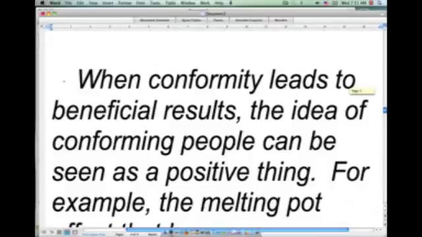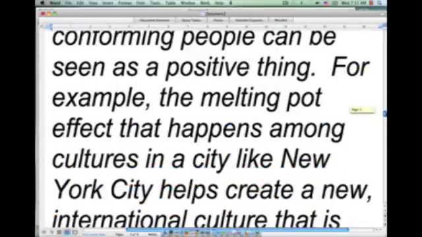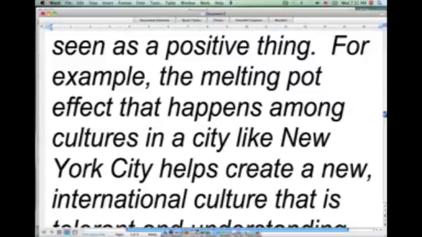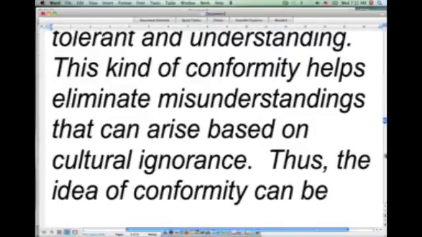When conformity leads to beneficial results, the idea of conforming people can be seen as a positive thing. For example, the melting pot effect that happens among cultures in a city like New York City helps create a new international culture that is tolerant and understanding.